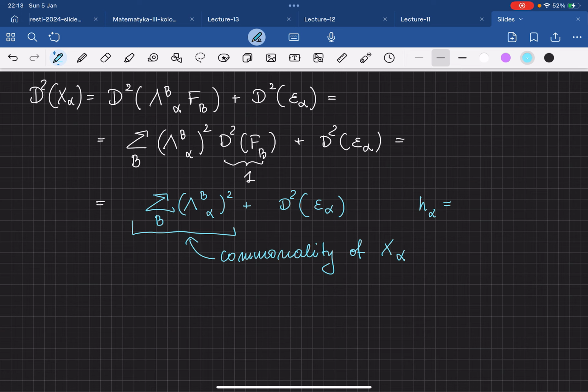So this will be the sum over b of lambda_b^alpha squared divided by the variance of x_alpha. And we would like this number to be as close to 1 as possible. Then it means that the error is small.